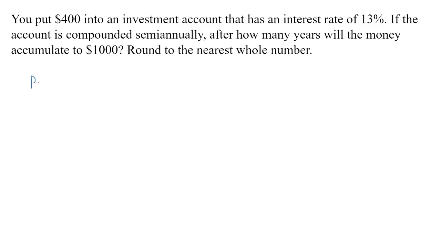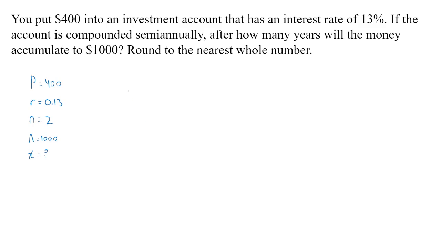We know that P is 400. R, the interest rate, is 13%, so we're going to change that to a decimal. It's compounded semi-annually, which means N is 2. And it asks you how many years will the money accumulate to 1,000, so we know A is 1,000. And we are looking for T.